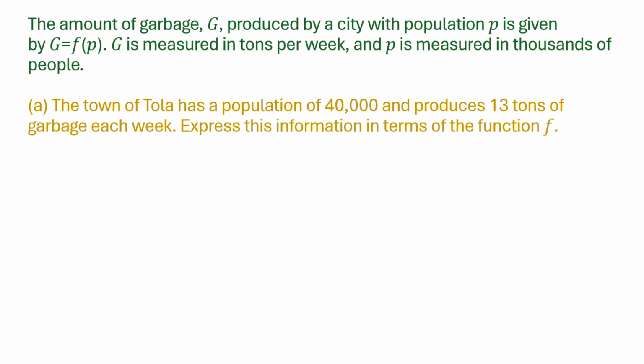Here in part A, we are given that the town of Tola has a population of 40,000 and they produce 13 tons of garbage each week. Now, what they are asking us is to represent this information in terms of the function f. So let's first look at the function f.